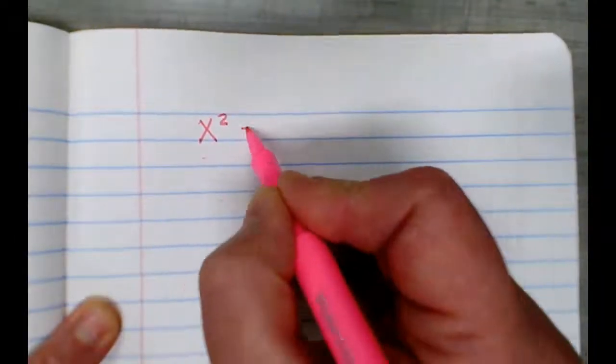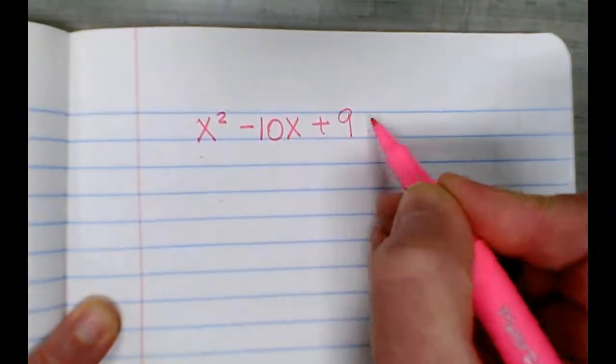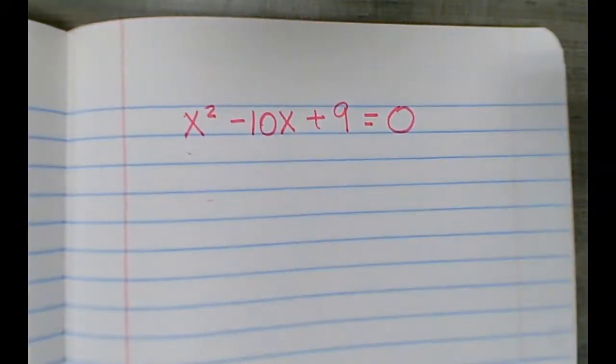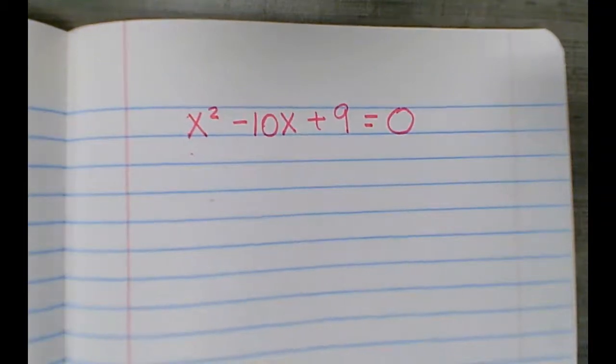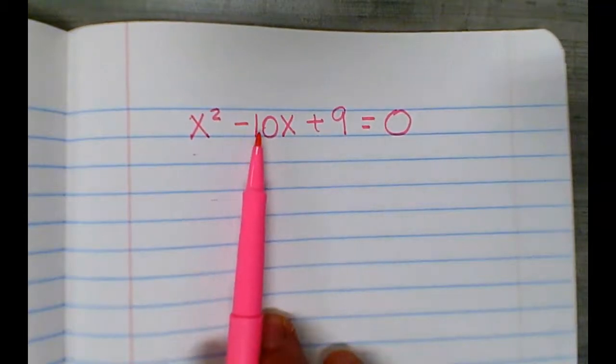Let's go back to the example that we have done previously. I'm going to solve this quadratic using this completing the square idea. Now, this number right here has to be half of that and square it. Is it the right number?